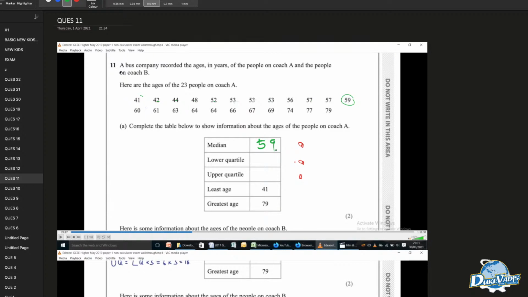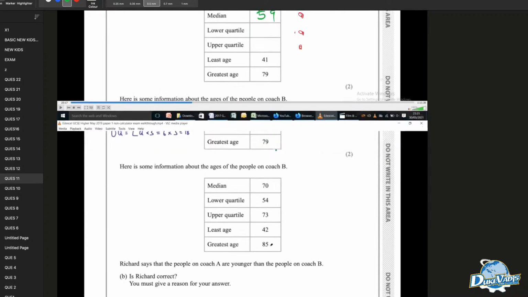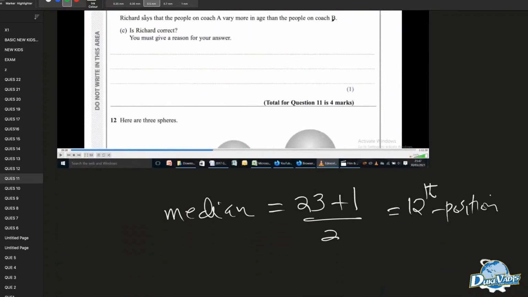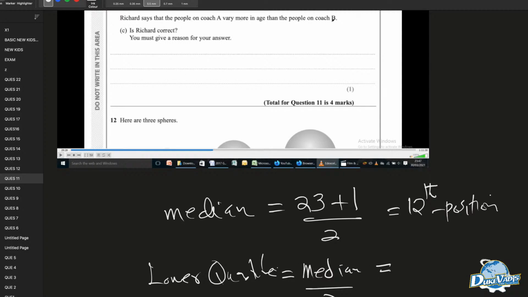All right, if median is 59, how do we calculate the lower quartile? With the lower quartile, we normally do that by dividing the position of the median by 2. Our median position, when we calculated, we had it to be 12.